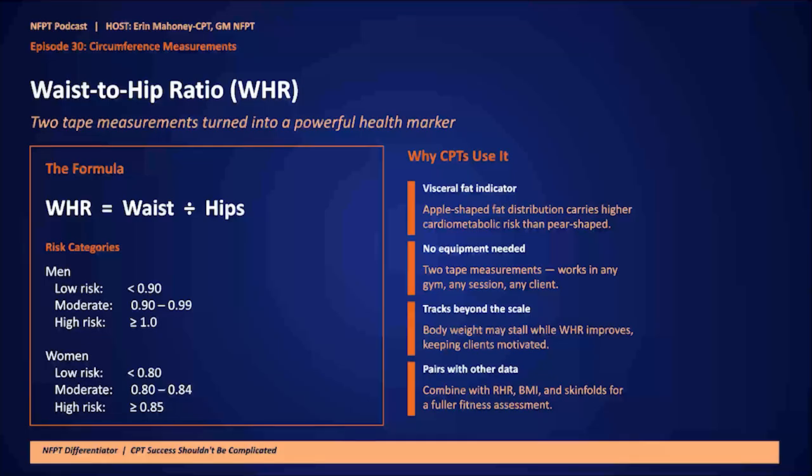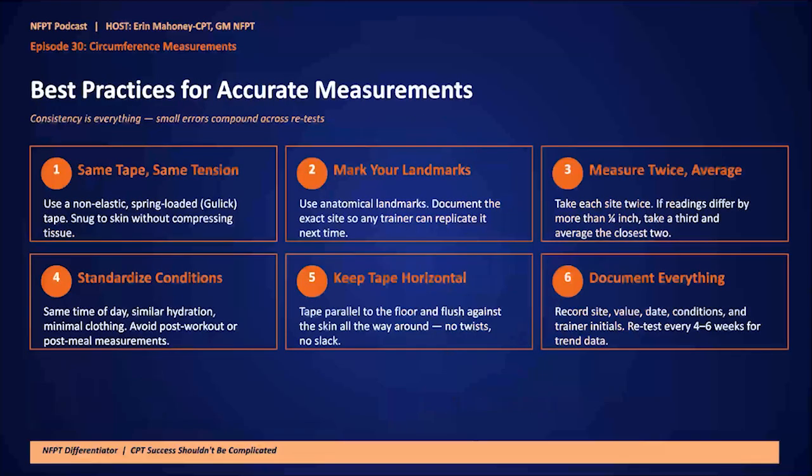And then, of course, you pair that with other data like their resting heart rate, their body mass index, and skinfold caliper testing to get a nice full fitness assessment of where that client started and where they are progressing to.